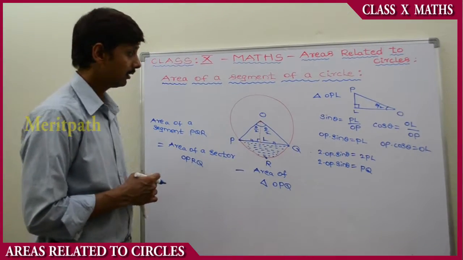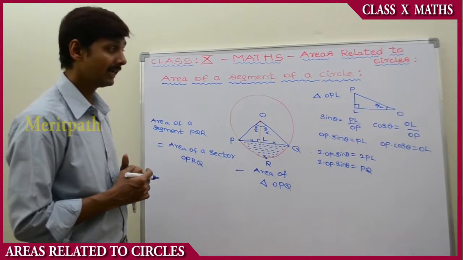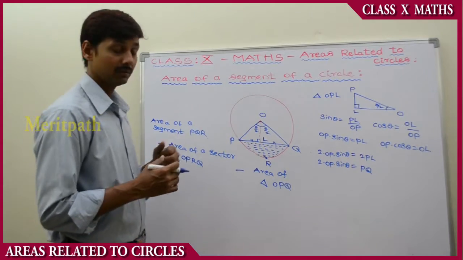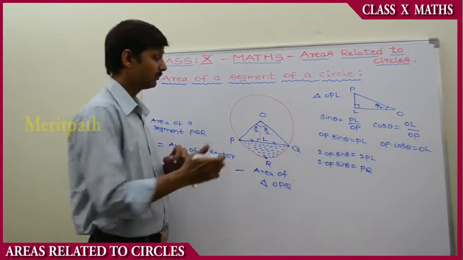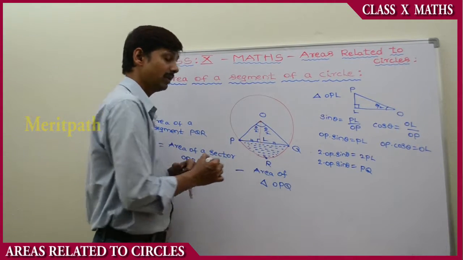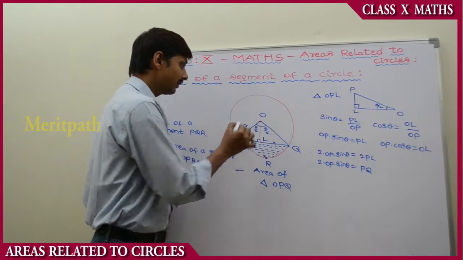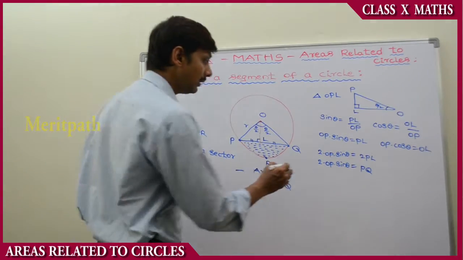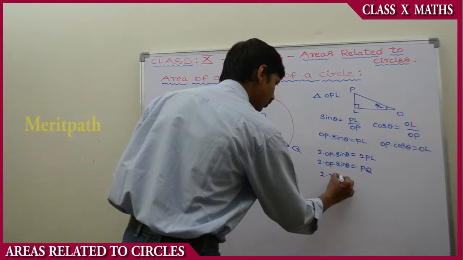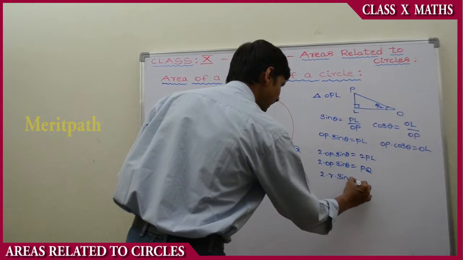OL we can write directly. From this diagram, OP is from the center to a point on the circle, which is called the radius R. So let's take R in place of OP.